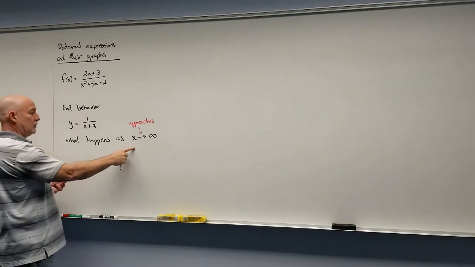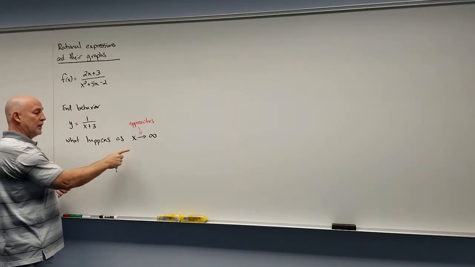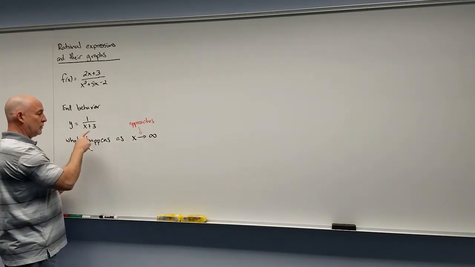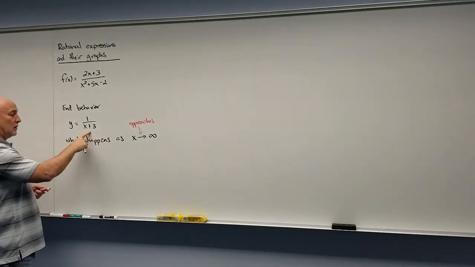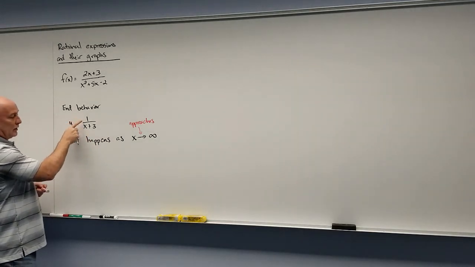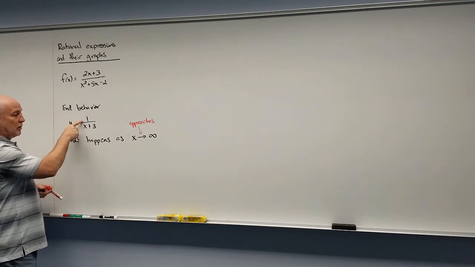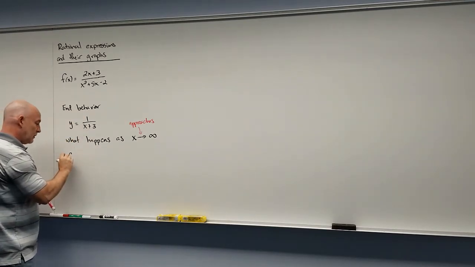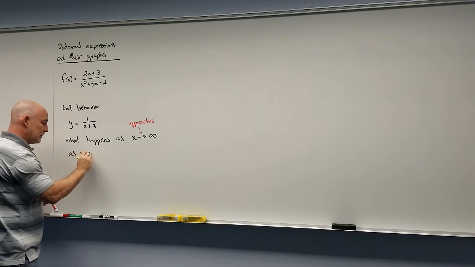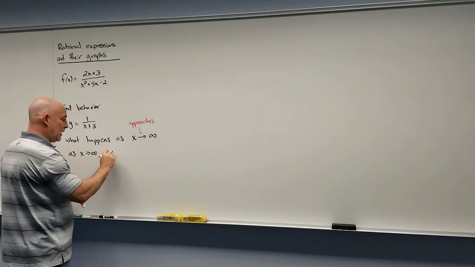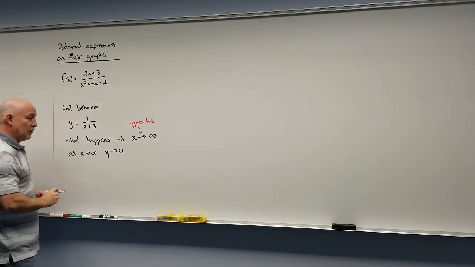So basically we look at this expression, we let x get bigger and bigger and bigger. What happens to this expression? Well, think about it. You have the number 1, and if the bottom's getting bigger and bigger, you're cutting this up into smaller and smaller pieces. So as x goes to infinity, y approaches 0.